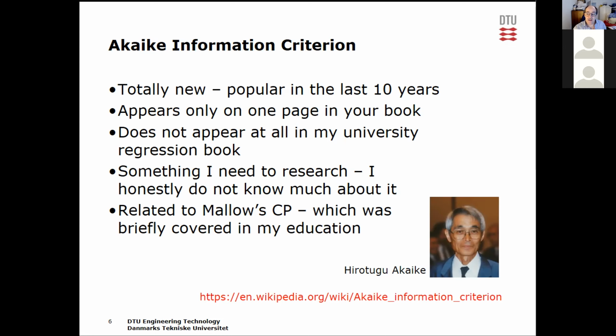So it really doesn't explode as a method until the 80s and 90s, when the computing power and the tools come to be available. So anyway, this is what we use. This is the criterion that is the most popular that we will use in most of our software commands. It does have some mathematical relationship to things I did learn.